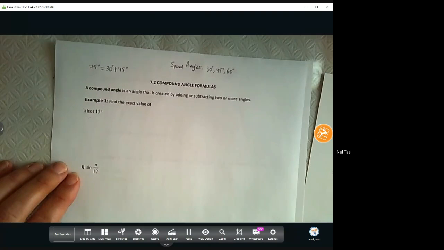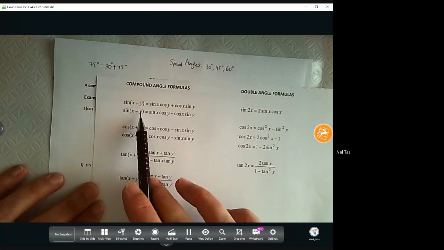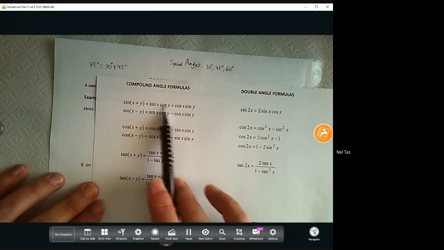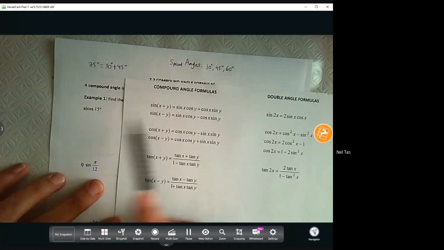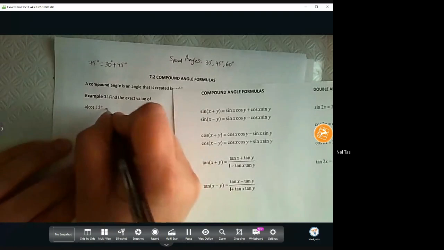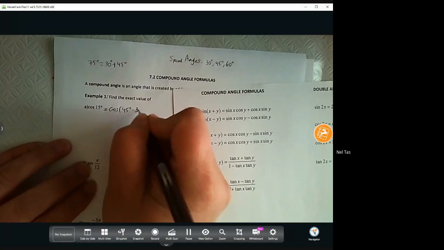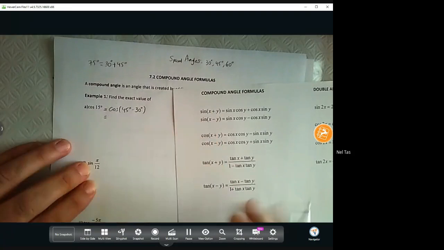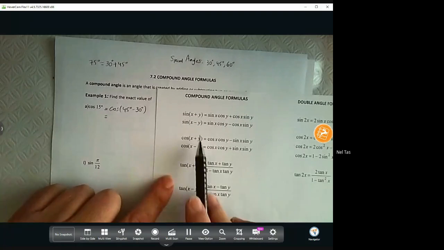If we can write an angle as the addition or subtraction of two other angles, then we can use these formulas to get the exact value. Let's write cosine 15 as cosine of 45 degrees minus 30 degrees. Now we have a subtraction of two angles.